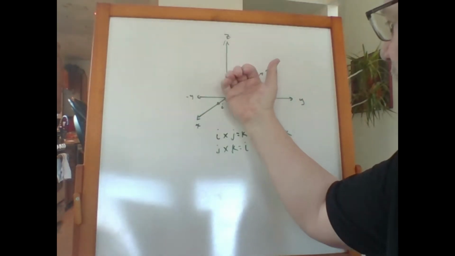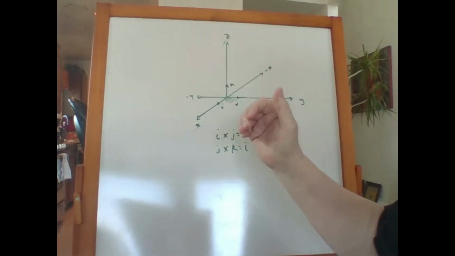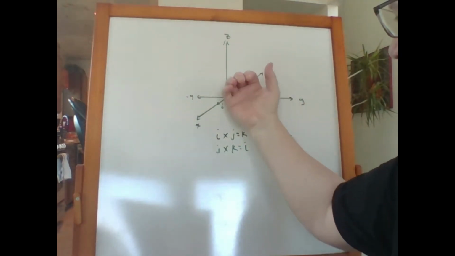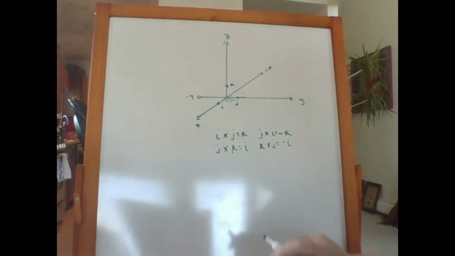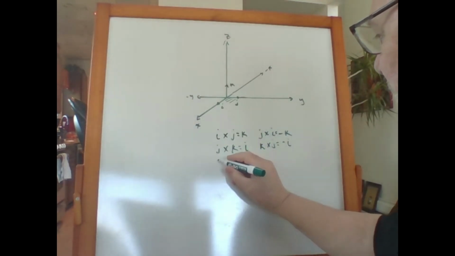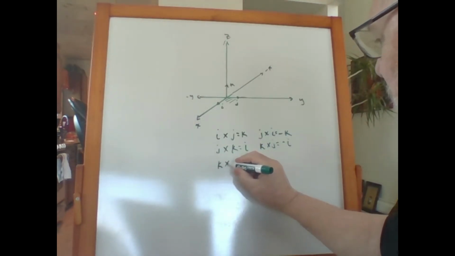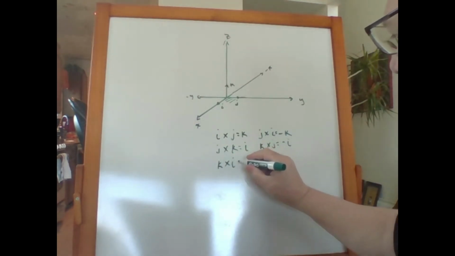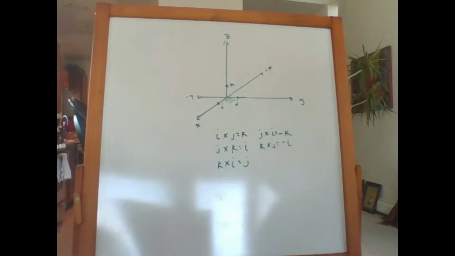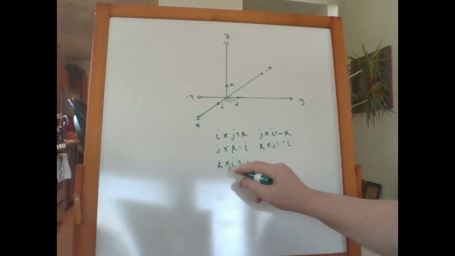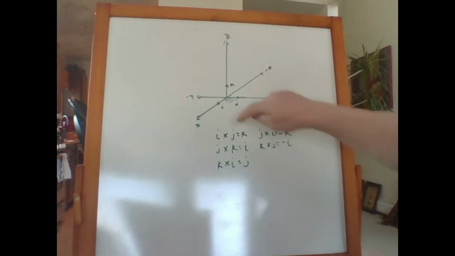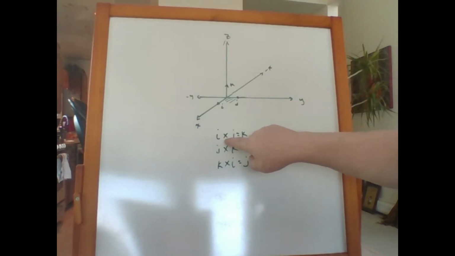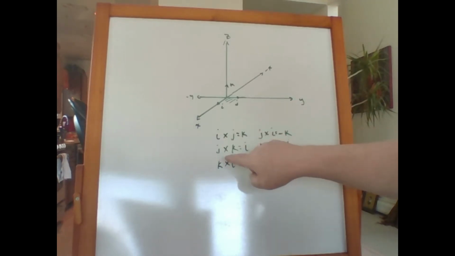Now, K cross, or some people call it curl, K curl I is in the J direction. So K cross I is equal to J. And notice that the result is always something different; it's perpendicular to the components in the cross product.